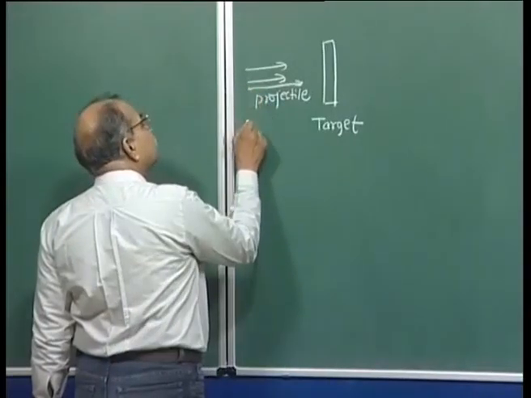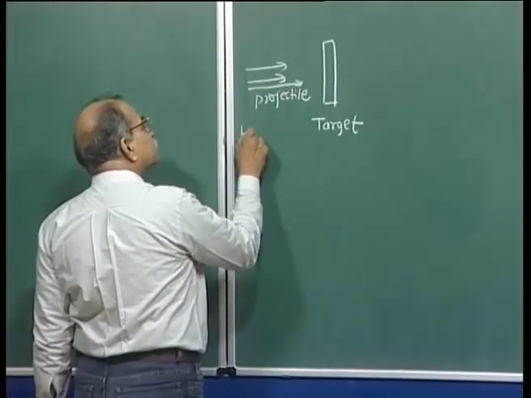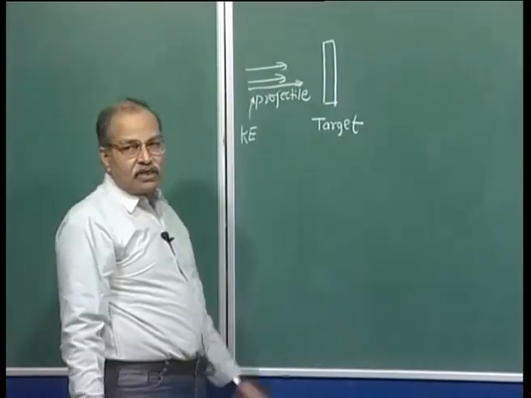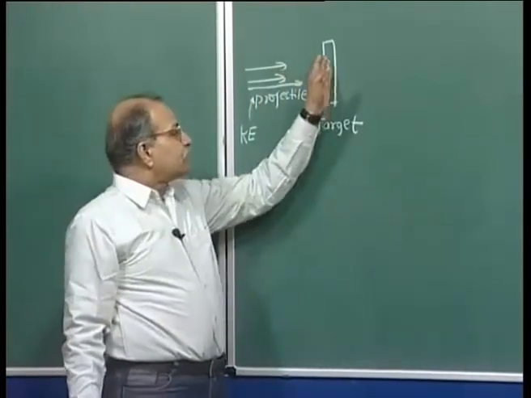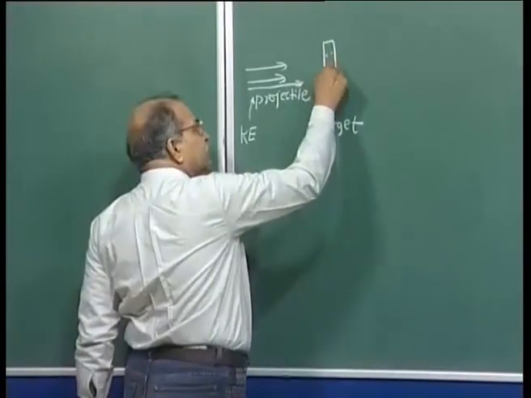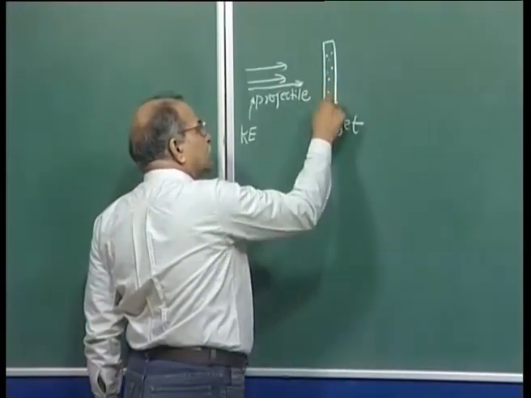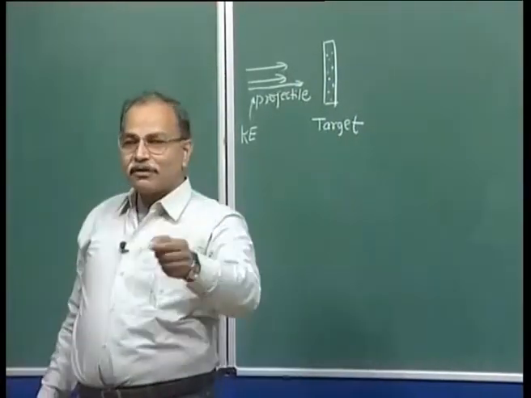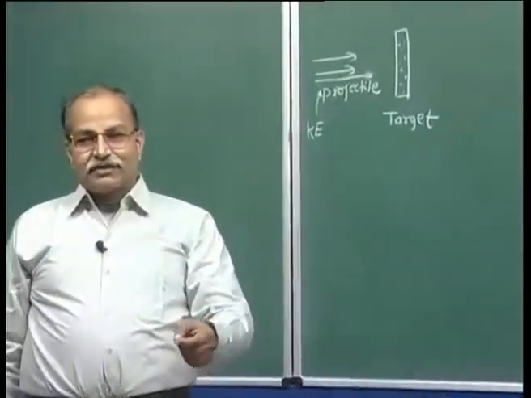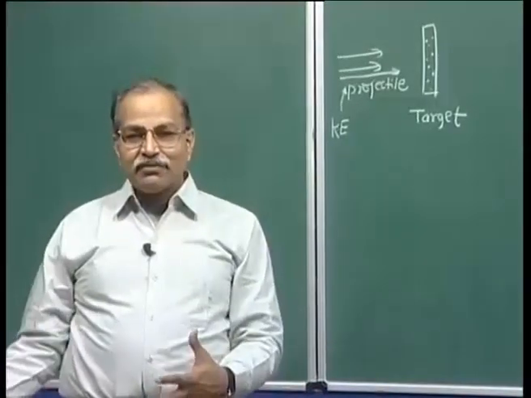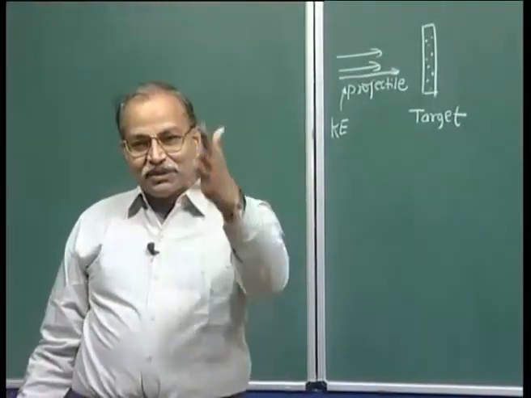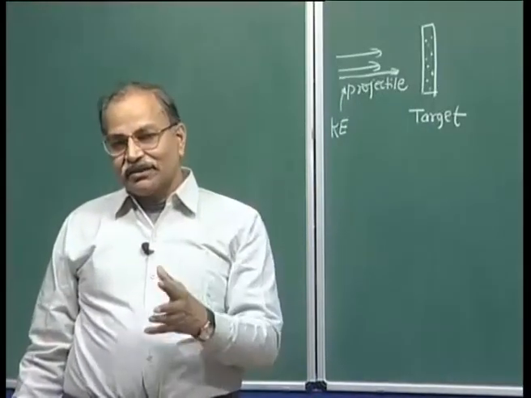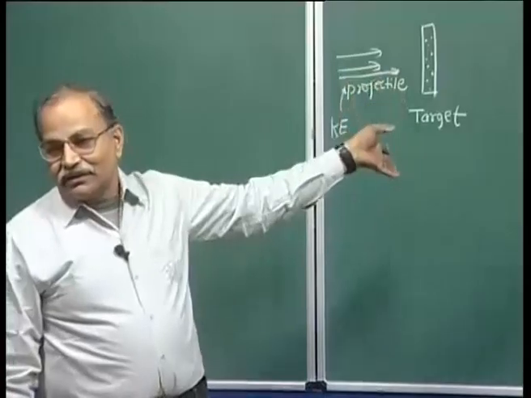So, you give some fixed kinetic energy to these projectile particles. Then in the target you have scattering centers, because in any experiment you will not put one proton or one molecule or one atom, right. When you are doing the experiment in the lab, you have to put some foil or some plate or some gas or something that will have many centers.